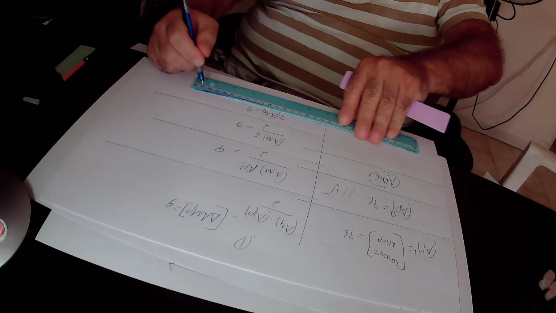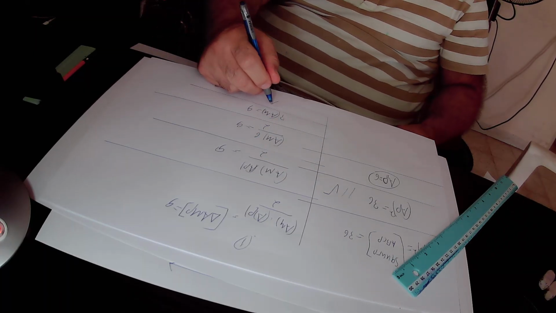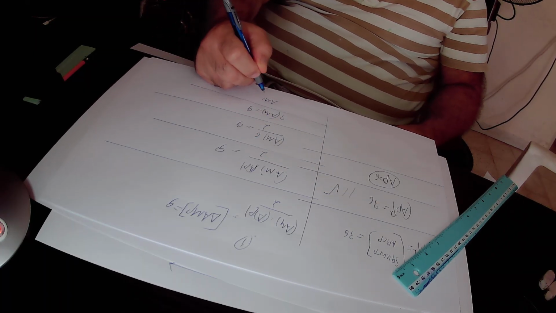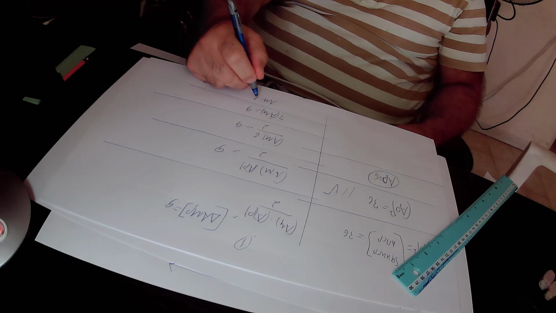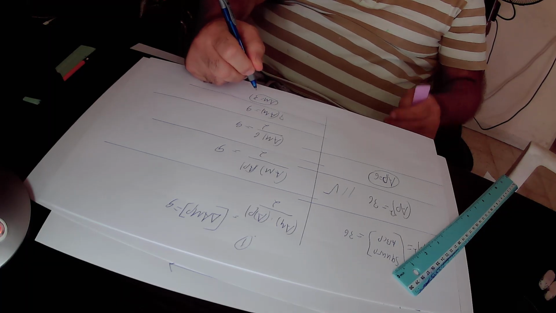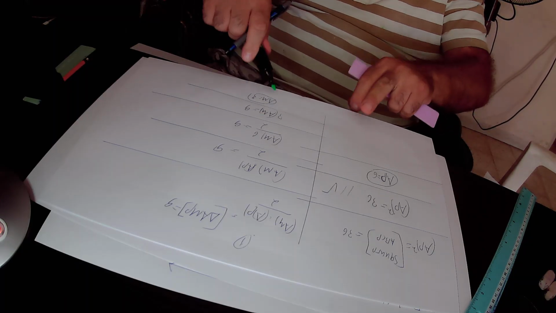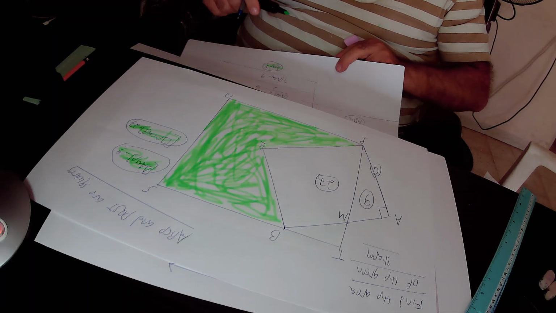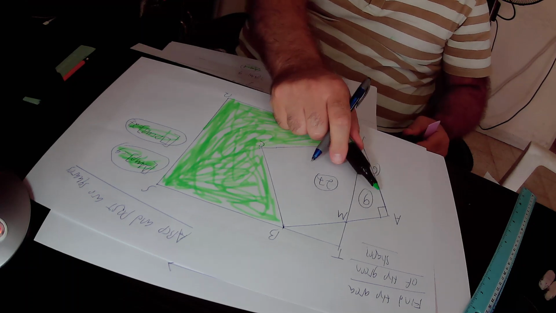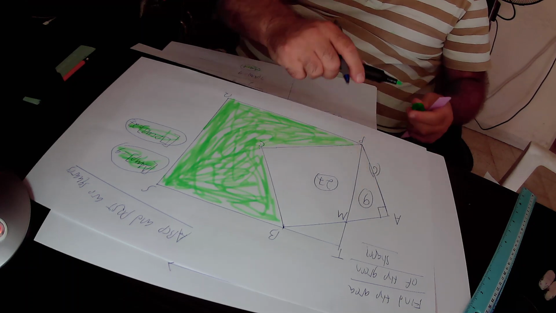Here we divide this equation by 3, and finally get that AM equals 9 over 3, which is 3. AM equals 3 units in its length.